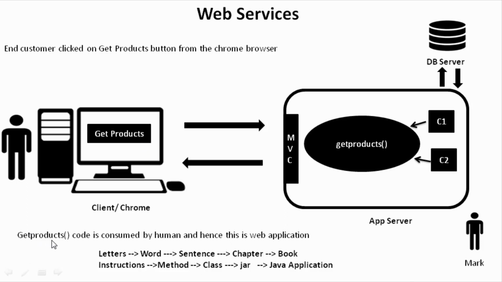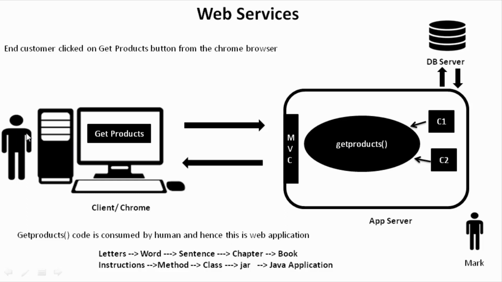So you see, get products code is consumed by the human. This is the service. Get products is a business service, which will give you the products, but it is consumed by the human. So clearly, as you can see, it is consumed by the human, and hence this is a web application. If you go back to my video 1, any service which is consumed by the human is a web application.